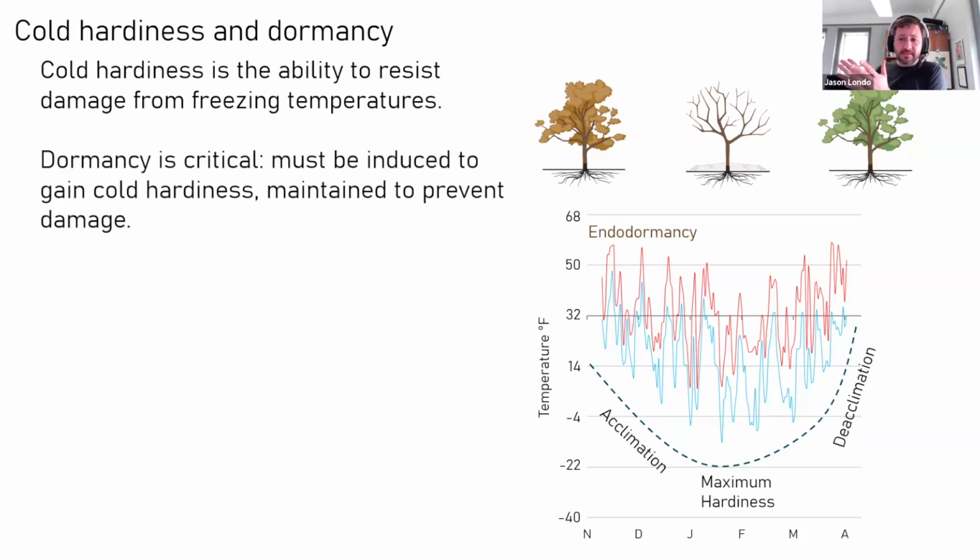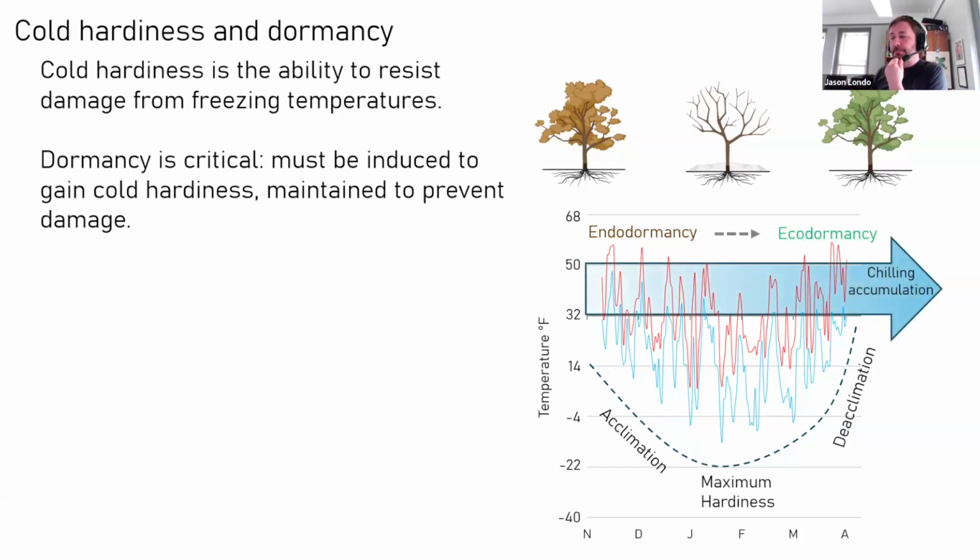Important to this whole process is that the tree needs to go dormant. If you delay dormancy in the fall, you interrupt the process of acclimation, and you can't gain maximum hardiness. At the beginning of winter, the trees are in a state of endodormancy, where they are very resistant to heat and are able to gain cold hardiness if you give them low temperatures.